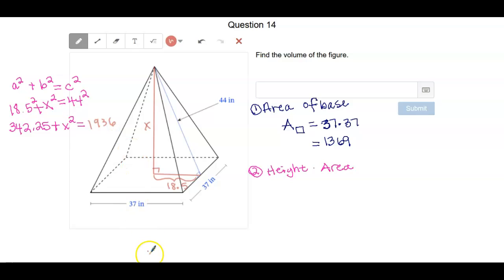Then we're going to subtract the 342.25 from both sides because we're trying to get the x squared by itself. So these cancel out and we get x squared is equal to 1590 something point. 1596? Nope. 1593 maybe, 0.75. Let me grab my calculator and see how close I am on that one.